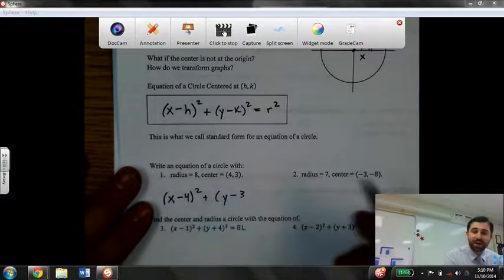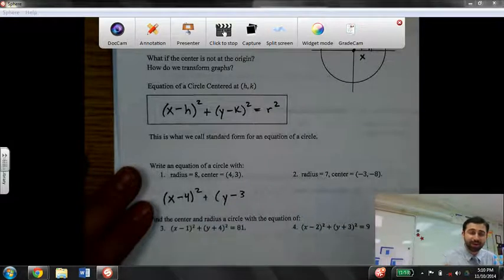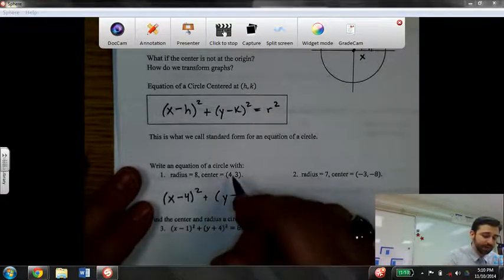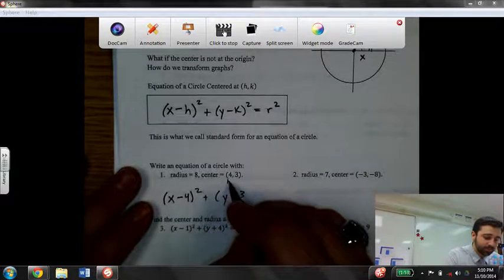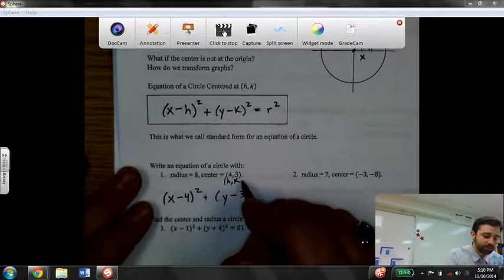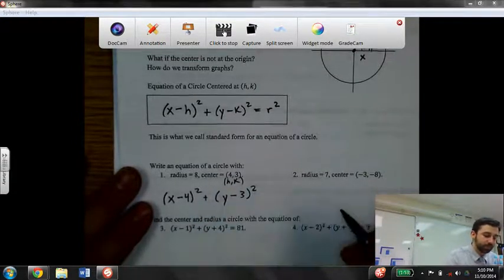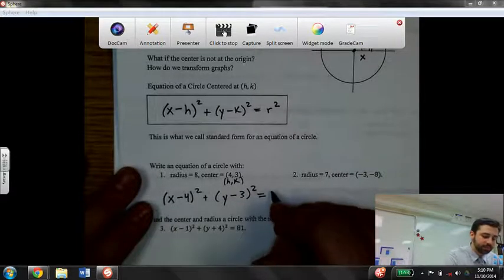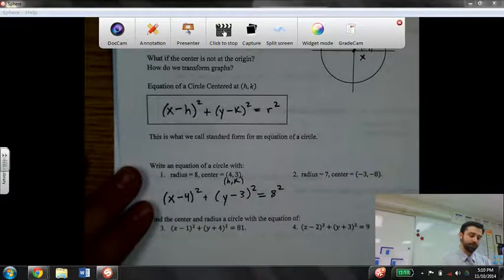The y value is 3, so I'm going to be moving up 3, (y minus 3) squared, or you can think of h and k as your x and y for the center, equals the radius squared. Or you could rewrite 8 squared as 64.